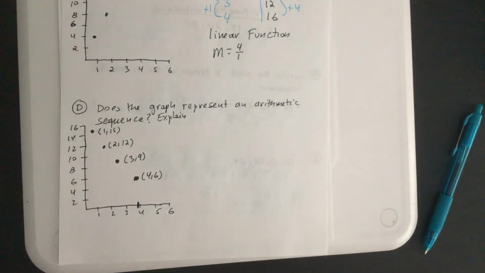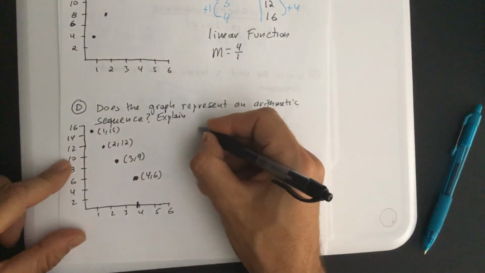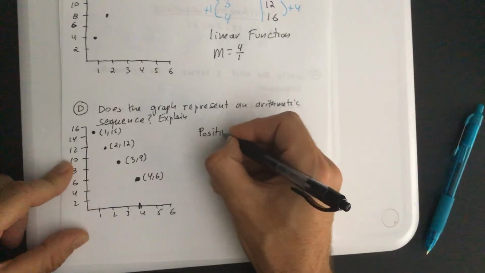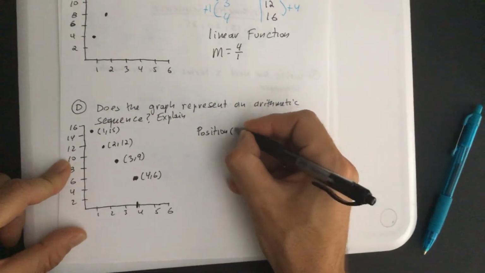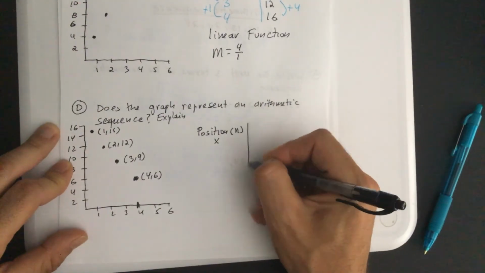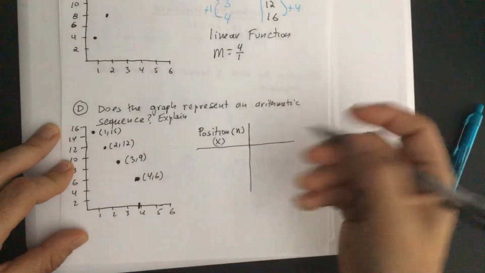All right. First of all, let's create a table so we organize the information. So I create a table. Again, I'm going to be creating the position, which is your n, or it could be your x's, which is the input.